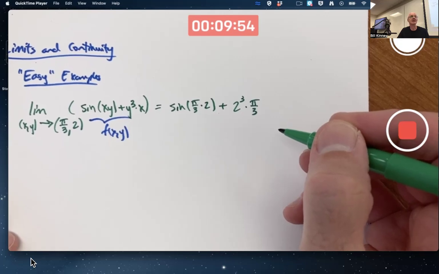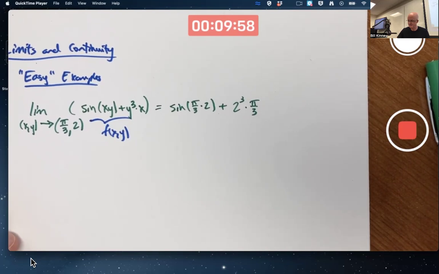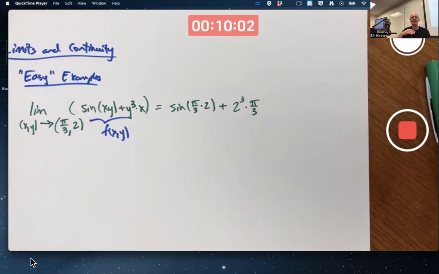That is the limiting value, but you should be able to simplify this. Okay, think with me here. Remember your trig values. Pi over 3 radians is equivalent to 60 degrees. So 2 times that is equivalent to 120 degrees, just past 90 degrees there. Sine of such an angle is the second coordinate, which is close to 1.